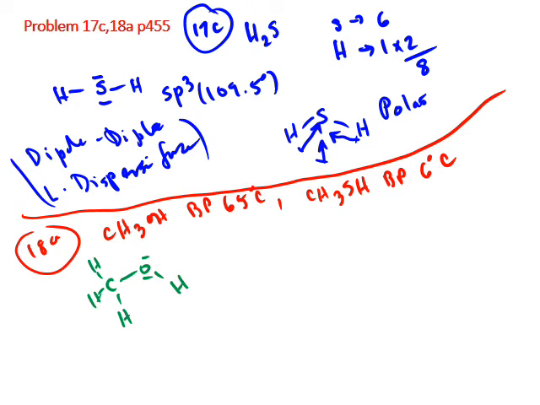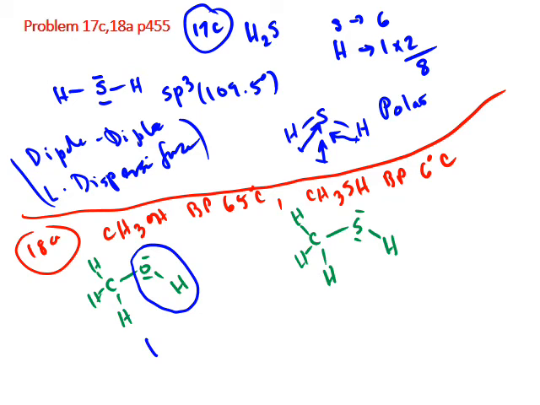Now for CH3SH, I can write it down like this. CHHH. And then instead of oxygen, I have sulfur. Again, it's the same kind of angle. Now here, make sure we realize that in this particular compound, hydrogen is bonded to an electronegative oxygen.